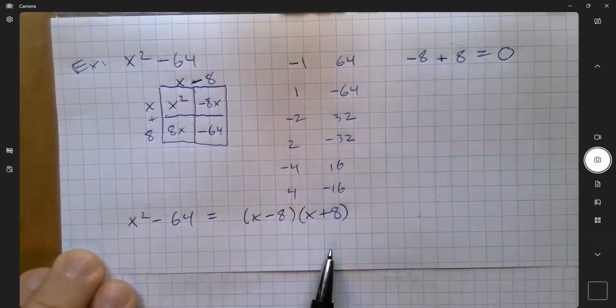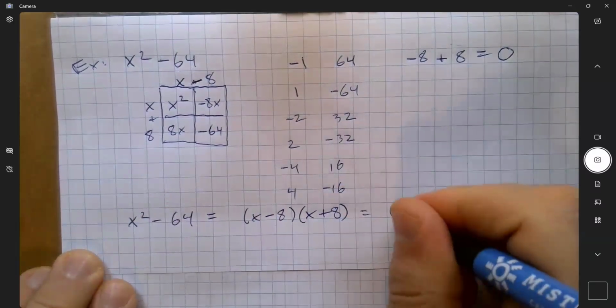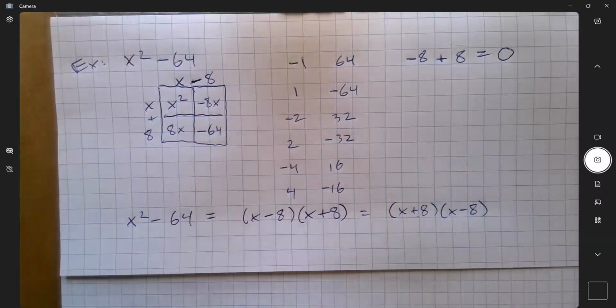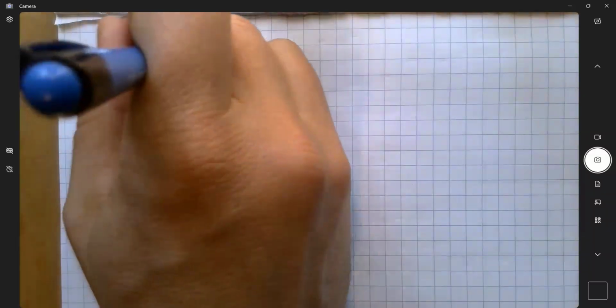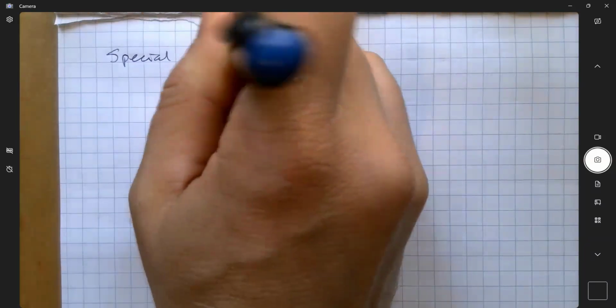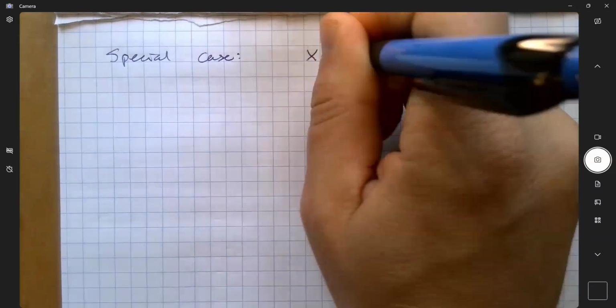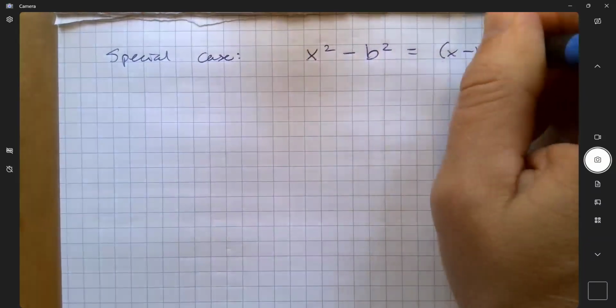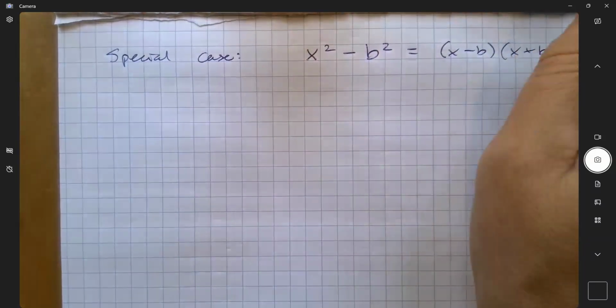And I could write that in the opposite order. I could do the x plus 8 term first. It does not change anything. So our general rule for this special case is x squared minus b squared factors into x minus b times x plus b.